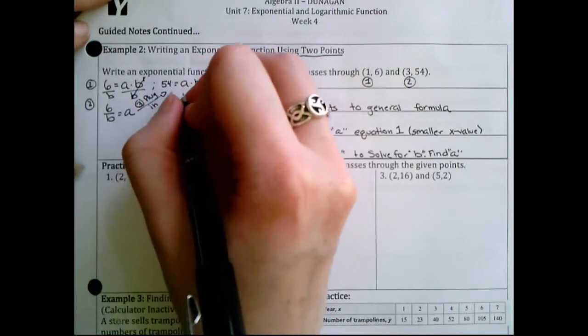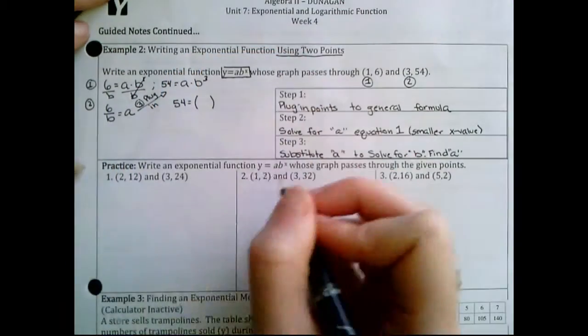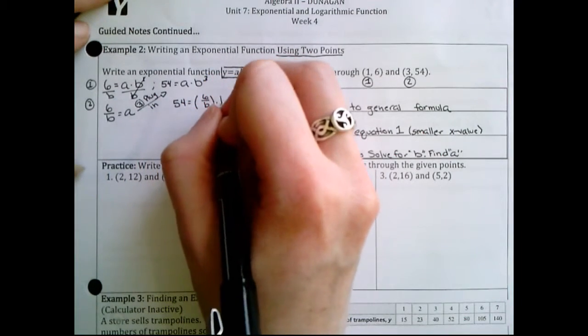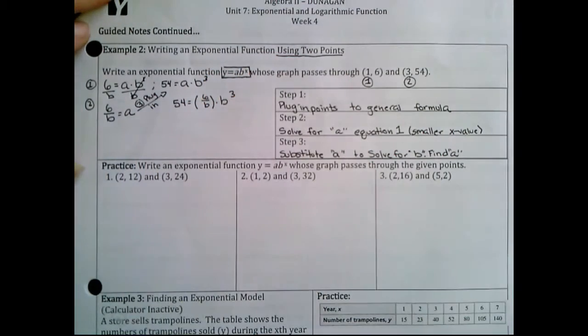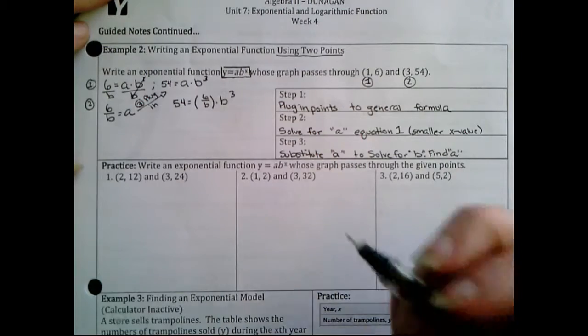So what that's going to look like is 54 is now equal to, instead of writing a, I'm going to put some parentheses and plug in that 6 over b, times b cubed. So here, these b's are going to cancel each other out a little bit.